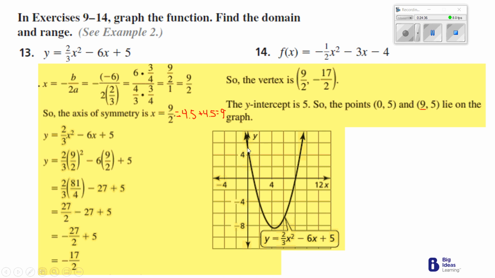So it's 5 over here, which means it's 5 over here, same distance away. We're going to go another 4.5 in the other direction. So the domain is all real numbers since this goes on forever. And the range is any number that is negative 17 over 2 or greater. All right, number 14 is yours to do.